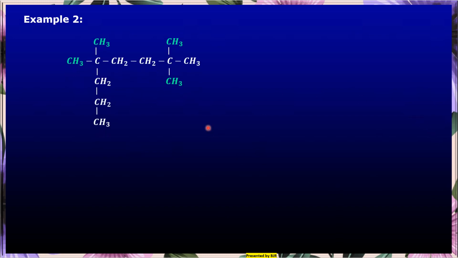Here is another example for selecting a parent chain. So this is one alkane. First we have to select the longest chain in this alkane. I have already told you that the parent chain may or may not be straight. Suppose I select this as the parent chain, see here, it contains 1, 2, 3, 4, 5, 6 carbon atoms.